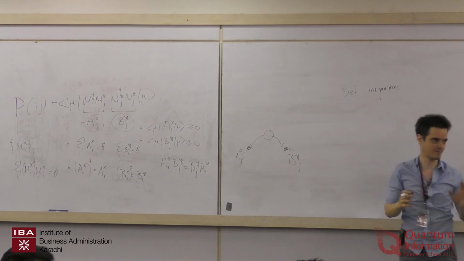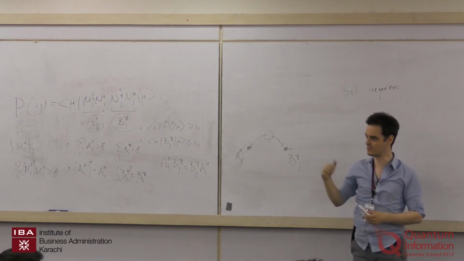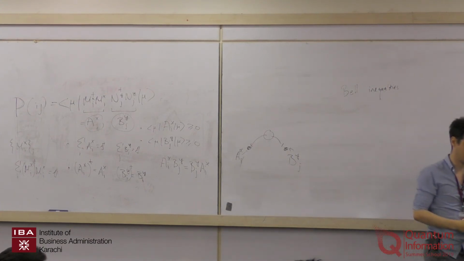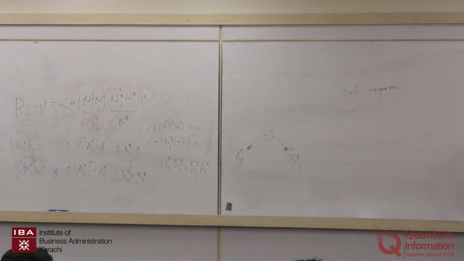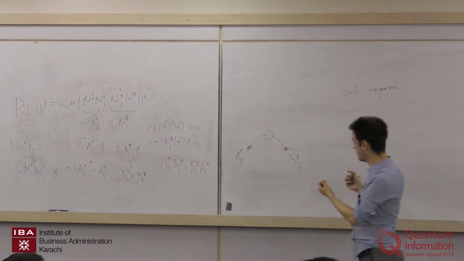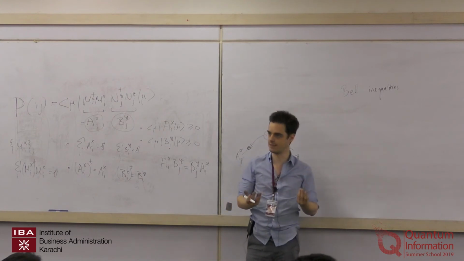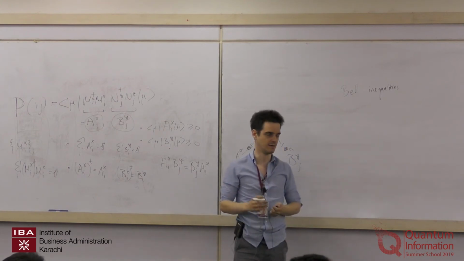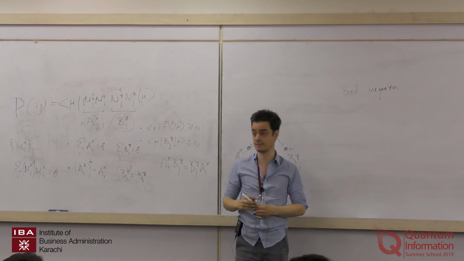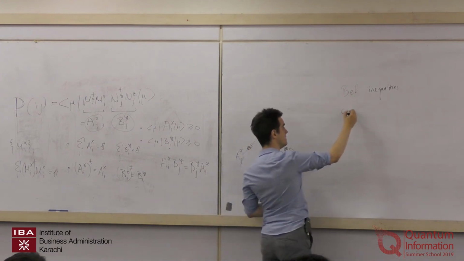So remember, I push a little bit the sum of squares, so this will be a bit compressed. Who has heard of Bell inequalities in the room? Okay. So I will give you one. It's like the first real modern Bell inequality without extra assumptions that has been discovered and tested experimentally. It's called the CHSH inequality.